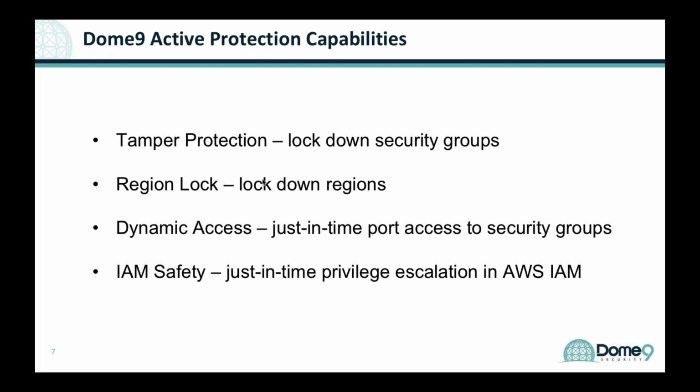The other side of that is dynamic access and IAM safety, which are more around things that we will be using on a more ongoing basis for just-in-time access to different services to keep things locked down as much as possible while still being able to give you the controls that you need in order to do your job on a day-to-day basis.